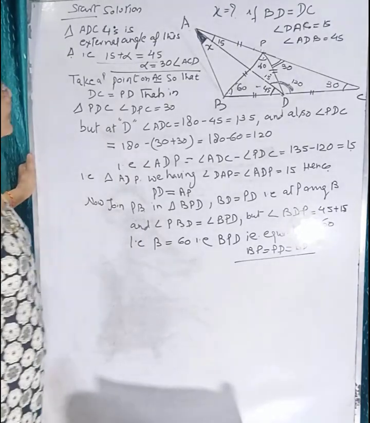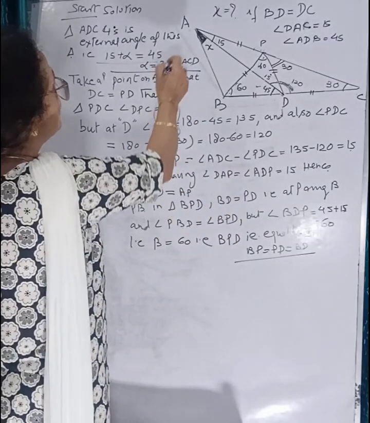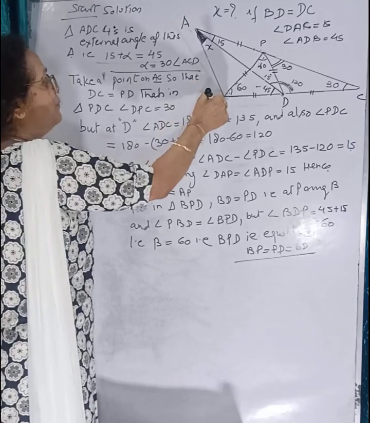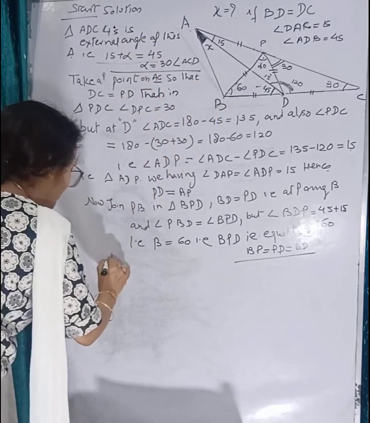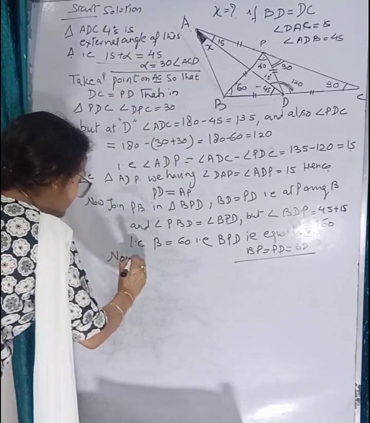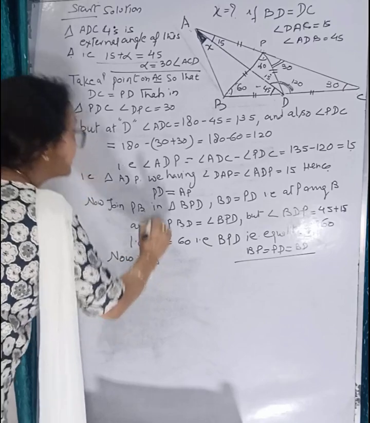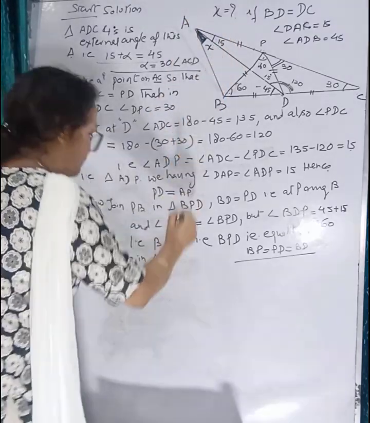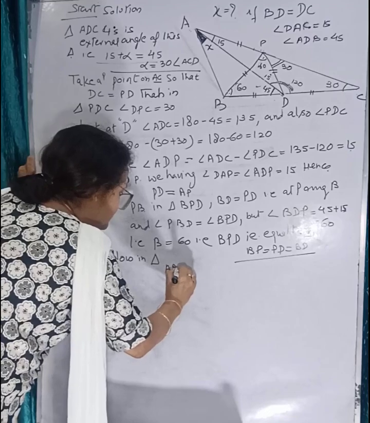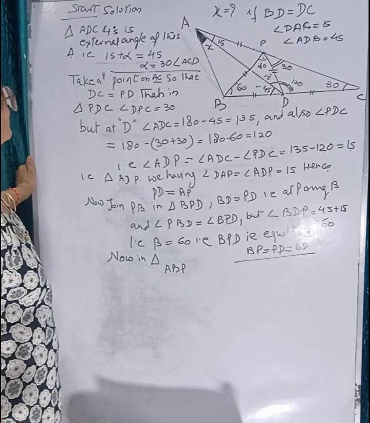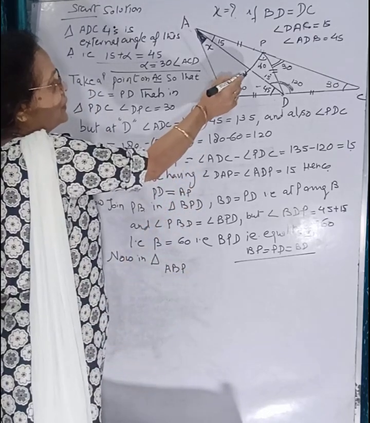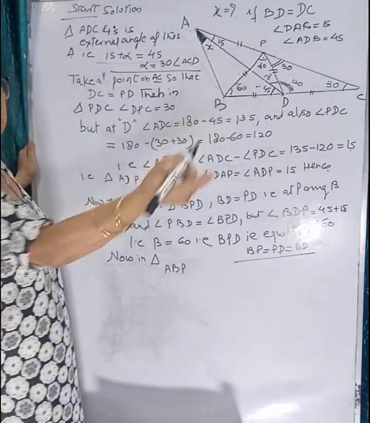अब आप ट्रायंगल लीजिए. Now we have to take the triangle ABP. In triangle ABP, both arms are equal.